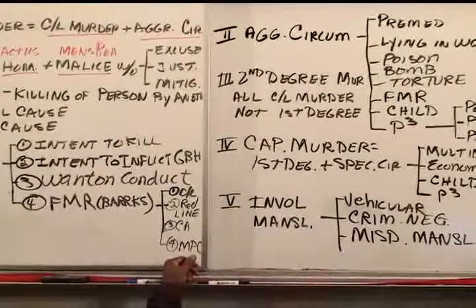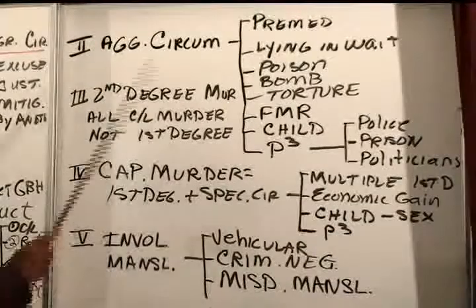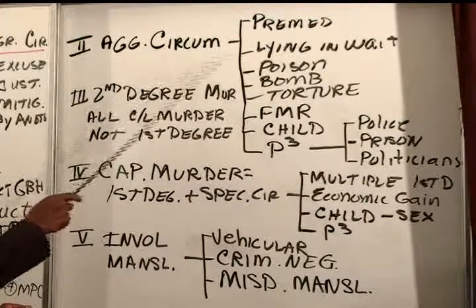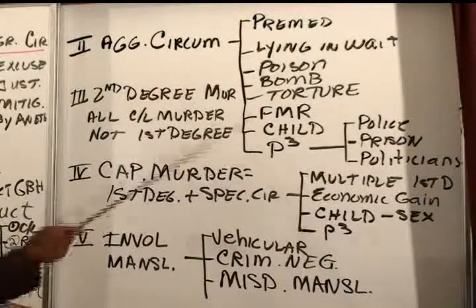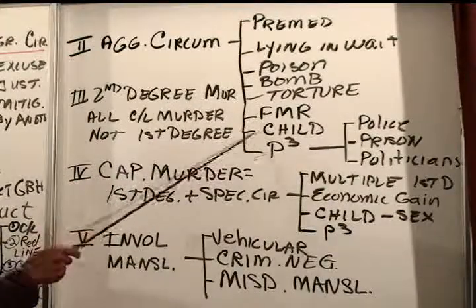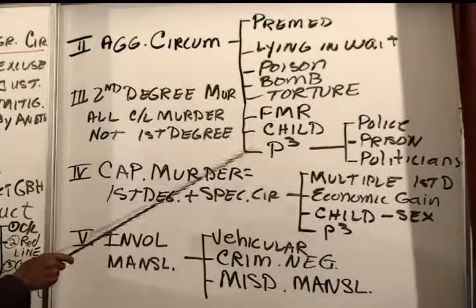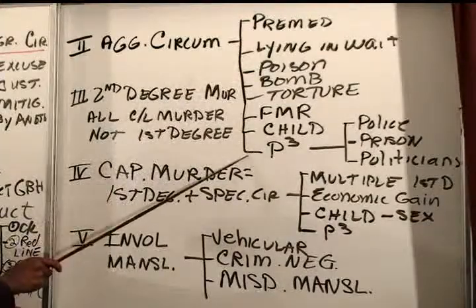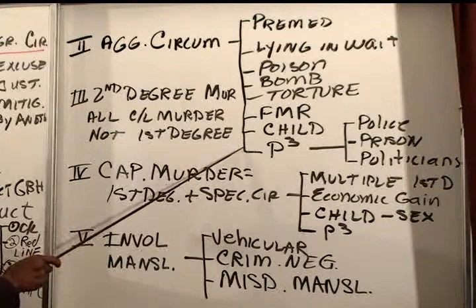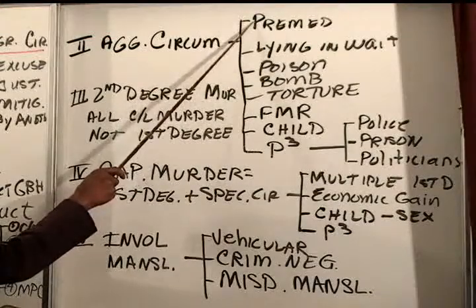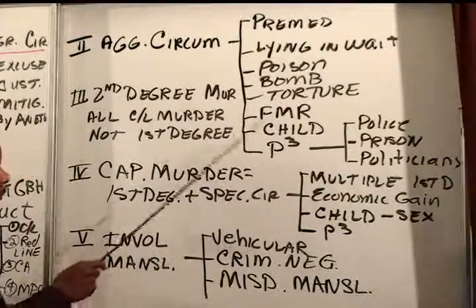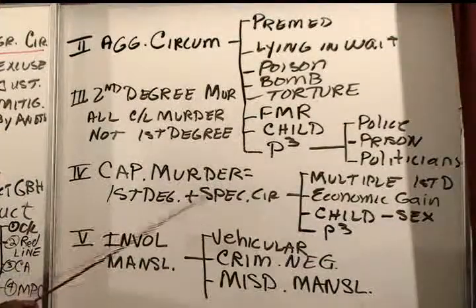We know what the aggravated circumstances are: premeditation, lying in wait, poison, bomb, torture, felony murder rule, child, P cubed. Each jurisdiction has its own list of what circumstances may elevate to first degree. Everybody agrees on premeditation, and most people will agree on the P cubed, but the rest are from jurisdiction to jurisdiction.